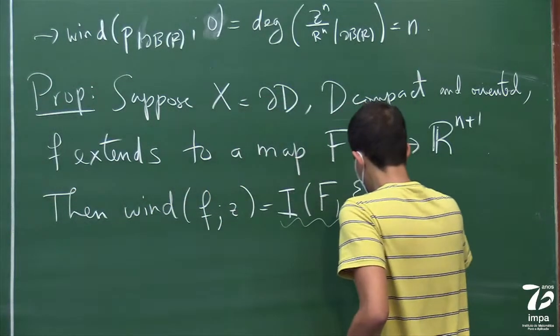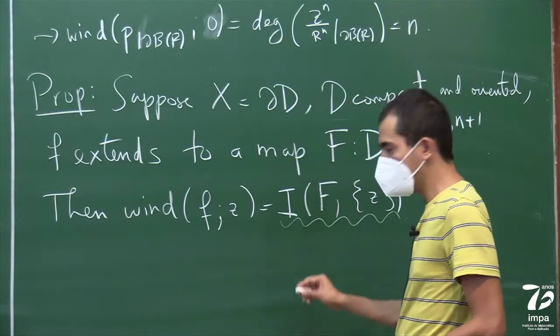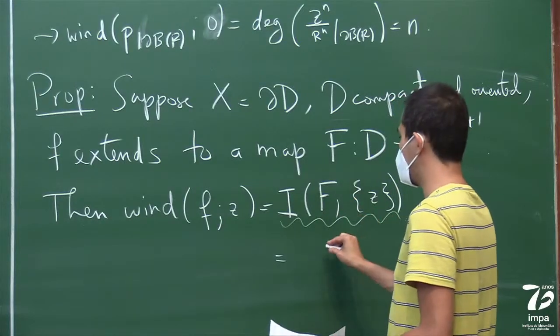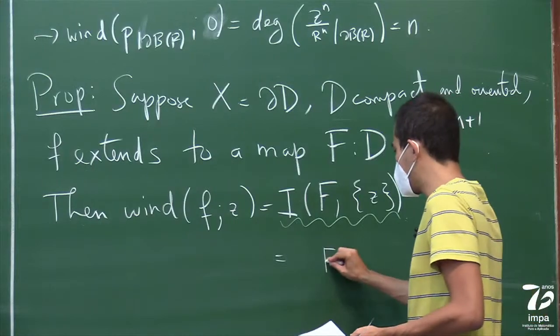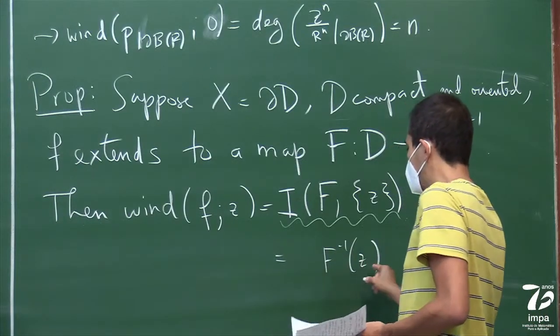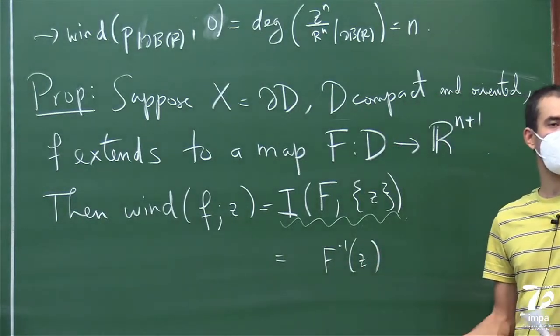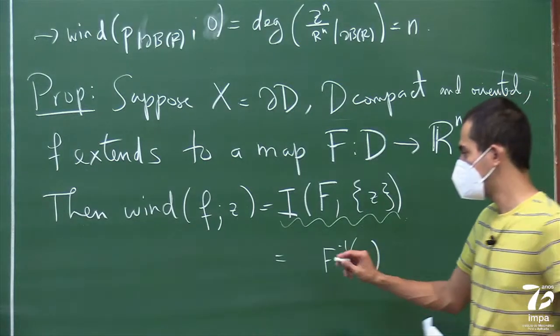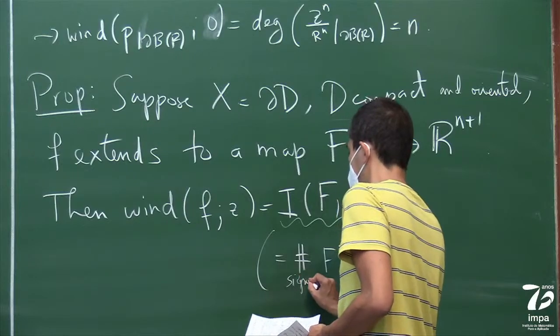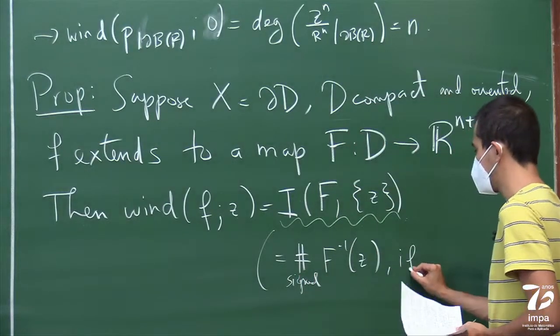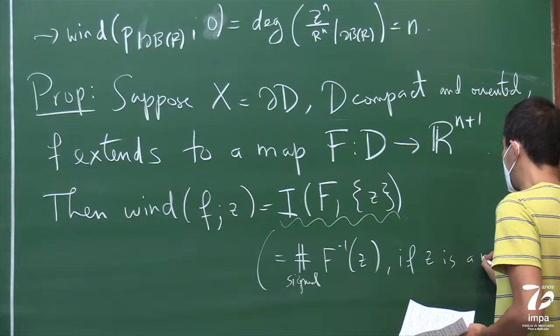So what I mean by this is, the map F, if Z was a regular value, you looked at the preimages of Z by the map F, and you counted them with signs. So this would mean a signed count, if Z is a regular value.